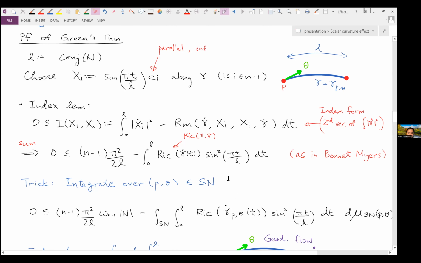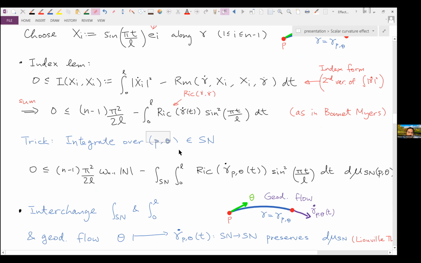Okay, so if we take this geodesic gamma to be parameterized by p and theta, where p is the starting point and theta is the initial direction, then we can regard this as a family of unit length geodesics parameterized by the unit tangent bundle. Okay, so now we integrate over all p and theta. So that means over all directions. So we are integrating over the unit tangent bundle.